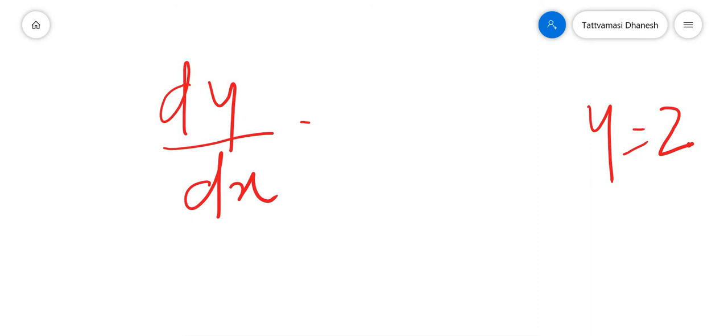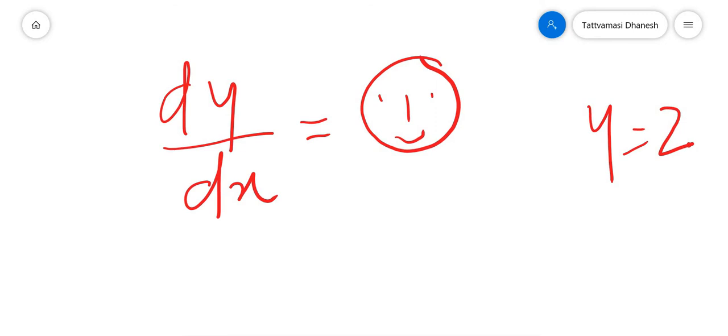The derivative of a constant is 0. Very important. Derivative of a constant is 0. Really important. So that is another important thing you need to understand.